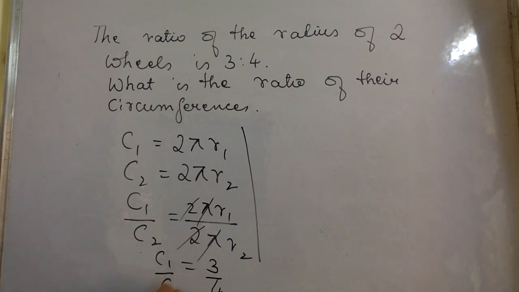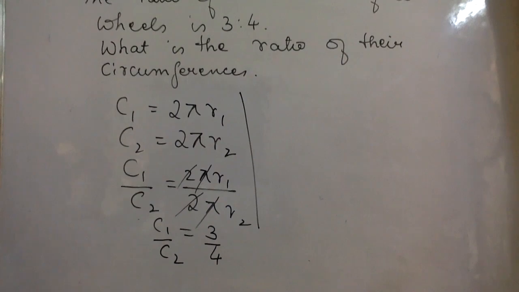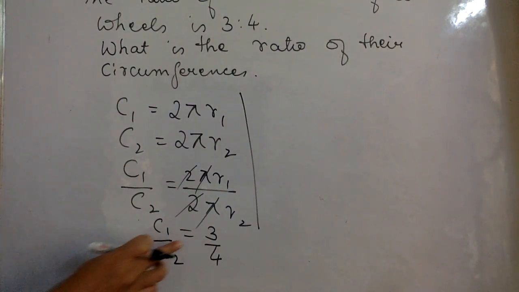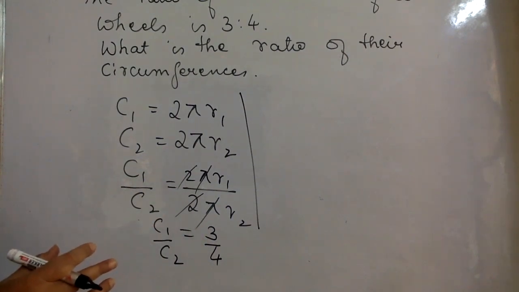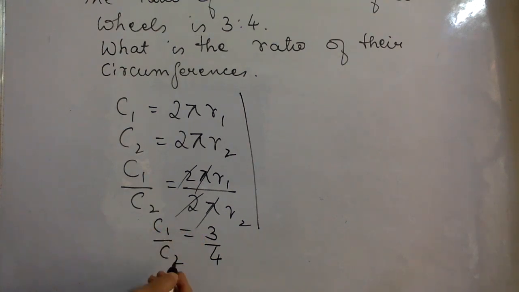So C1 by C2 is also 3:4. We can also write it like this, C1 is to C2 is 3:4, because if they have asked you a ratio, you should always try to give the answer in this format, though it means the same.